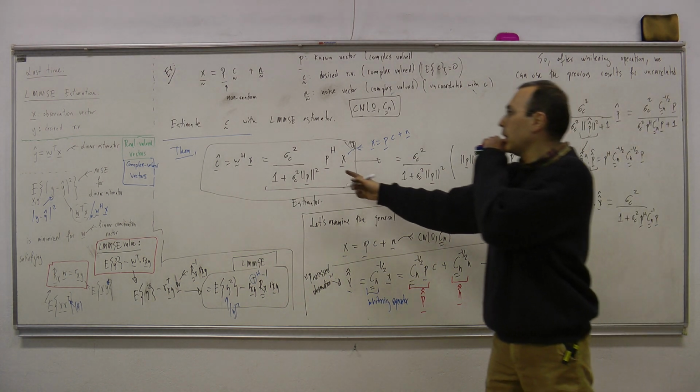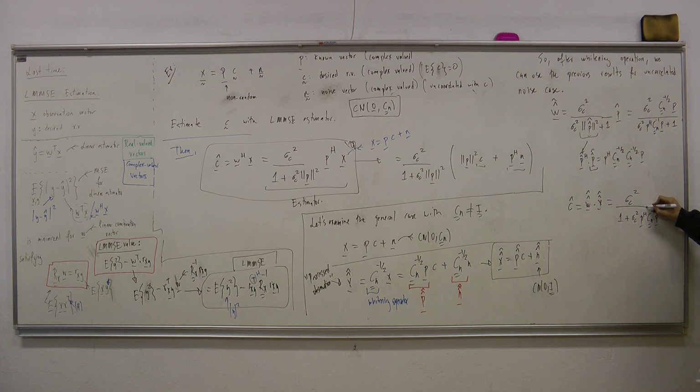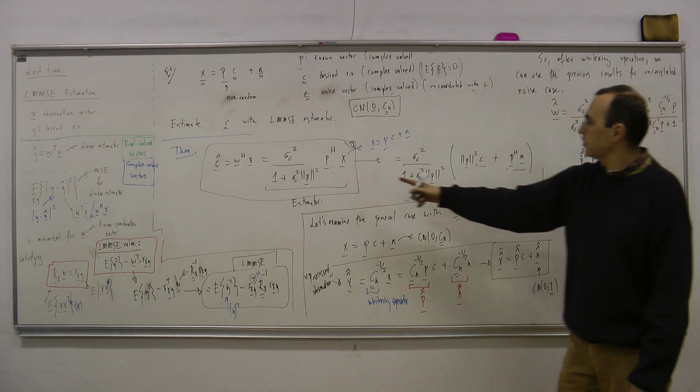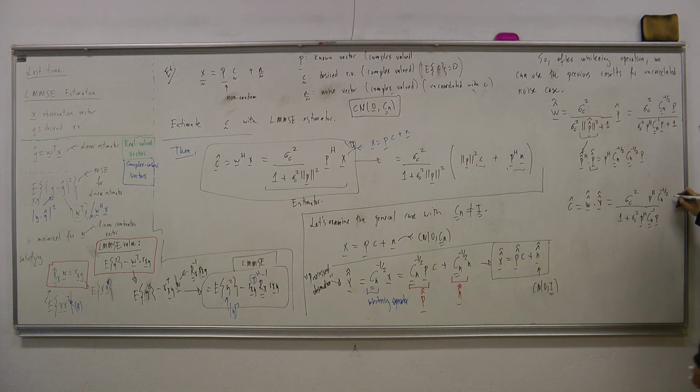Times P Hermitian times I have X double roof over here. So this part is this Hermitian.